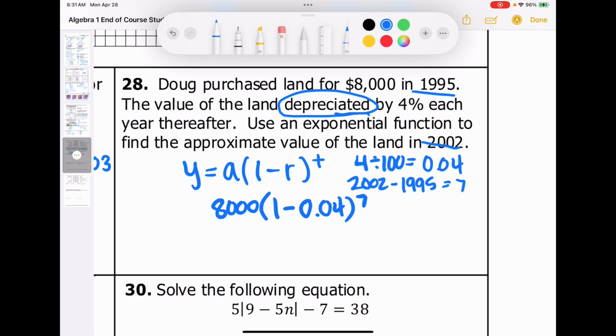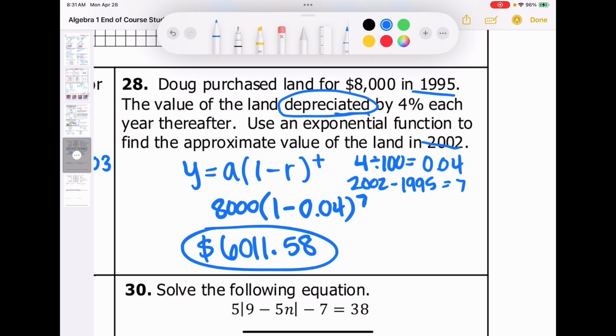So 7 years have passed. Then I'm going to type that into my calculator, and it's going to give me $6,011.58.